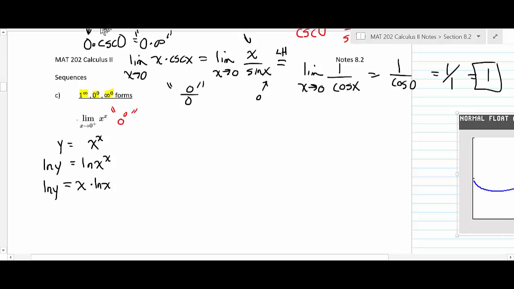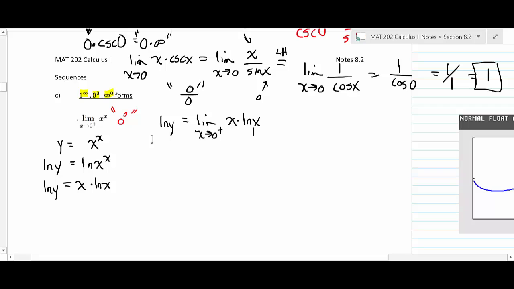So I'm going to have you write this as ln y is equal to the limit as x goes to 0 from the right-hand side of x ln of x. All I've done is say y is equal to this, and then at the very end, I have to solve for y to get the value of that limit. Does that make sense so far?